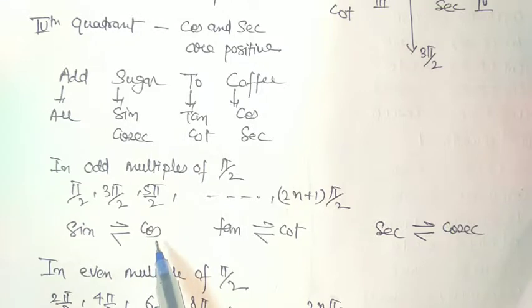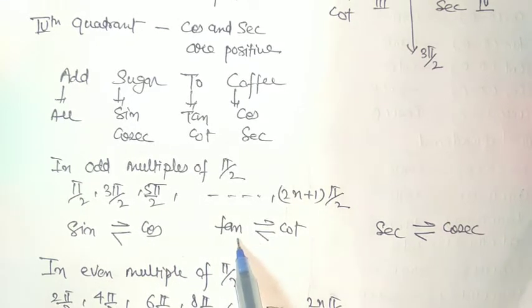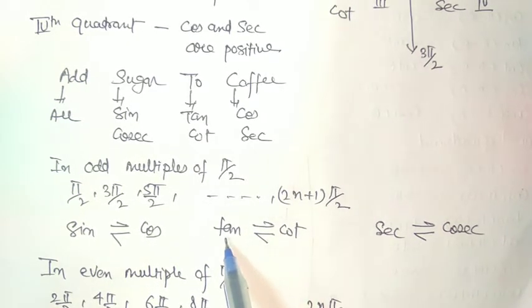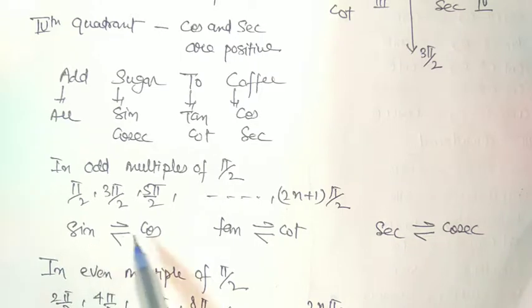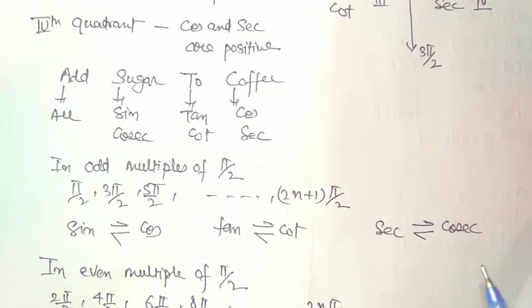Tan will be converted to cot, or vice versa, complementary of tan. Sec will be converted to cosec, and vice versa. Means sine to cos, cos to sine, tan to cot, cot to tan, sec to cosec, and cosec to sec.